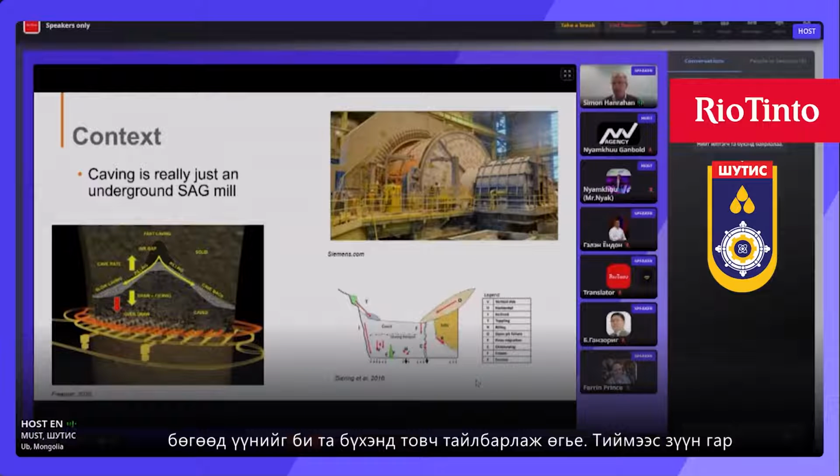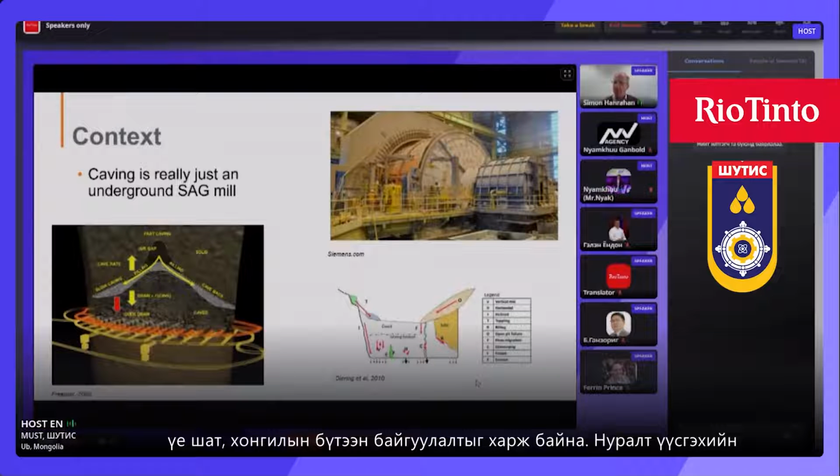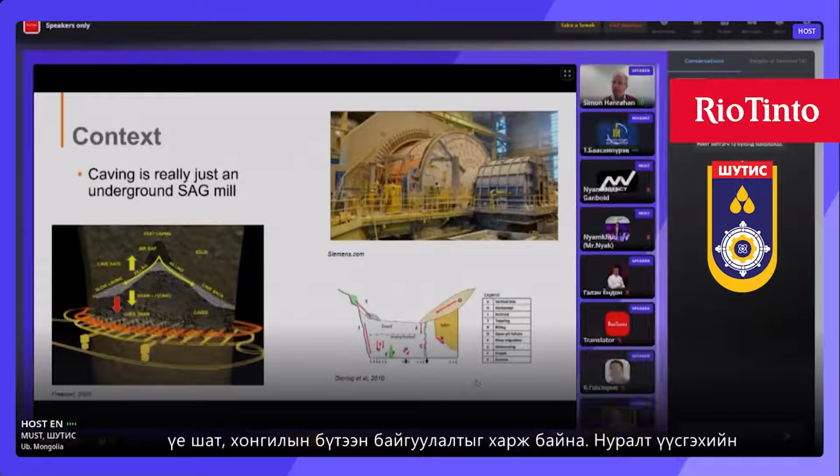And this is where it gets quite complex, because all these little arrows and paths indicate the potential flow mechanisms that can be at play in a cave. And this is what we have to manage. This figure is illustrating something that we use in some of the software to plan and schedule out the mechanics of a cave. So quite complex.